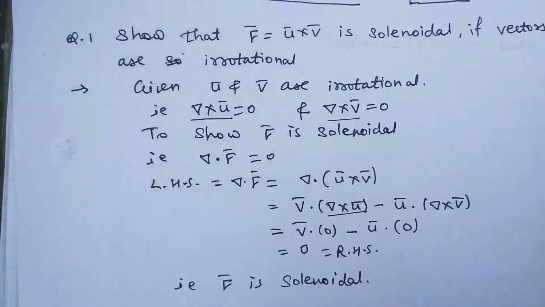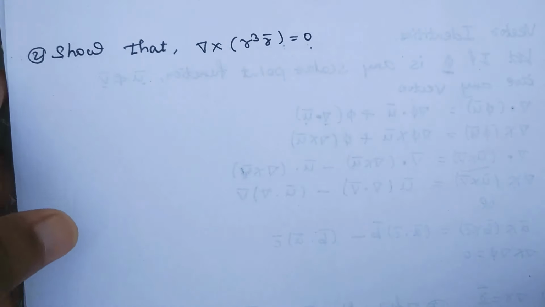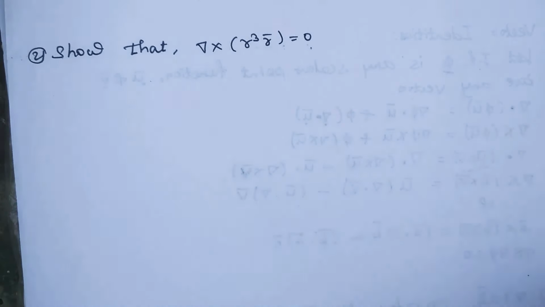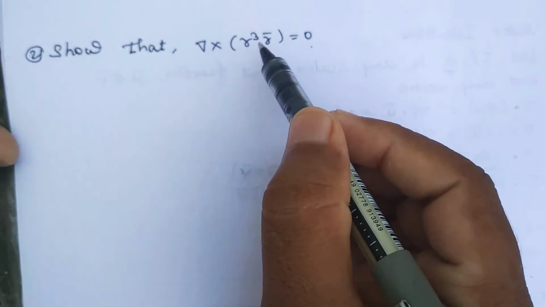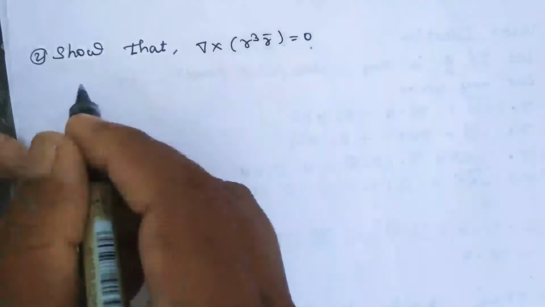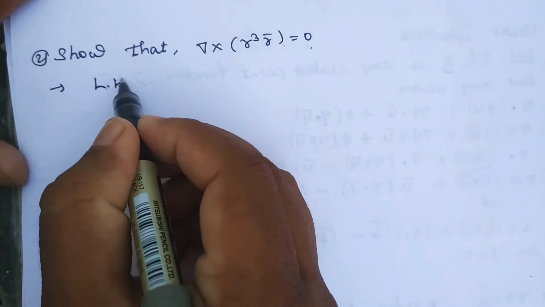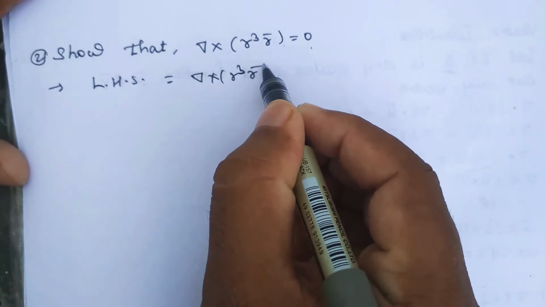Now, the next example. Show that the value of del cross r cube into r bar is equal to 0. So consider LHS, which is del cross r cube into r bar.